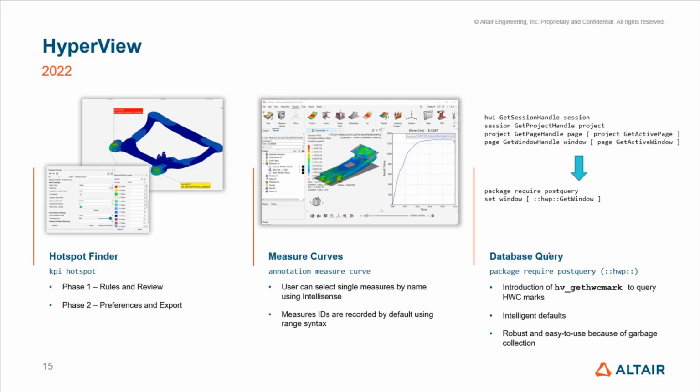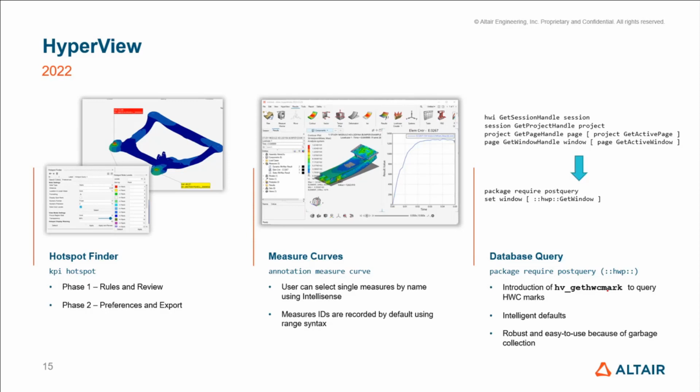Also, as I mentioned 2 slides ago, it's a bit of a mix between TCL and HWC, how we work with this package. The HWP toolkit introduced the HV_get HWC mark command, and that allows you to transfer the content of your HWC mark into your TCL script.